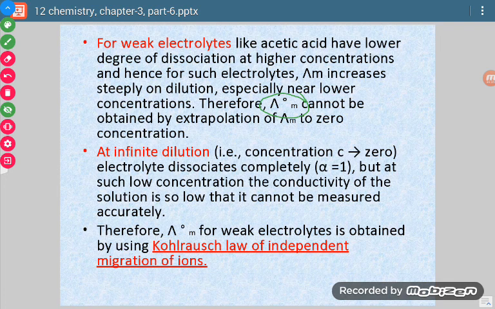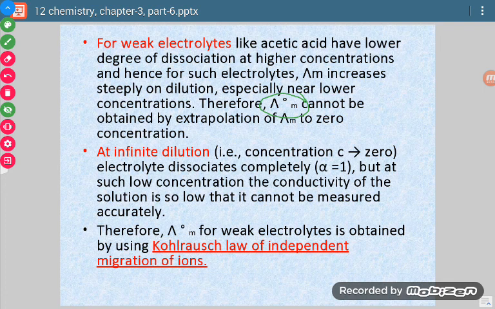So what is the difference between the two? In the case of strong electrolytes, the graph is a straight line where there is a gradual increase in molar conductance value, and in the case of weak electrolytes, there is a curve where there is a very sharp, very fast increase in the value of lambda m.